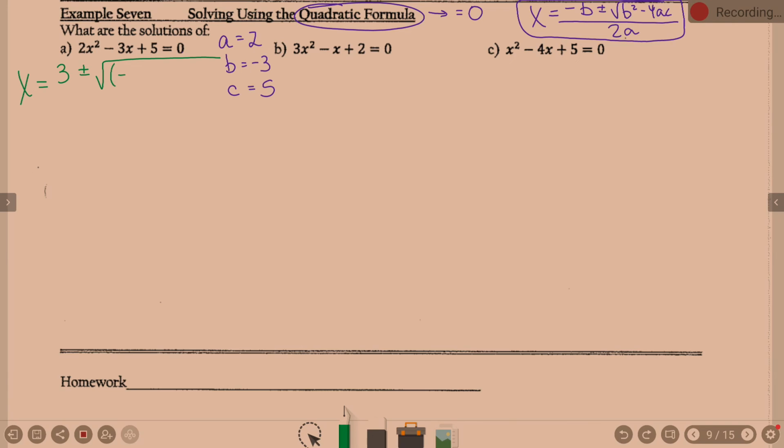So I'm going to write in negative 3 squared minus 4 times a, which is 2, times c, which is 5, all over 2a, which is 2 times 2. Folks, this is key. I've told you guys, quizzes, tests, this can earn you a point. You can at least write it down right.